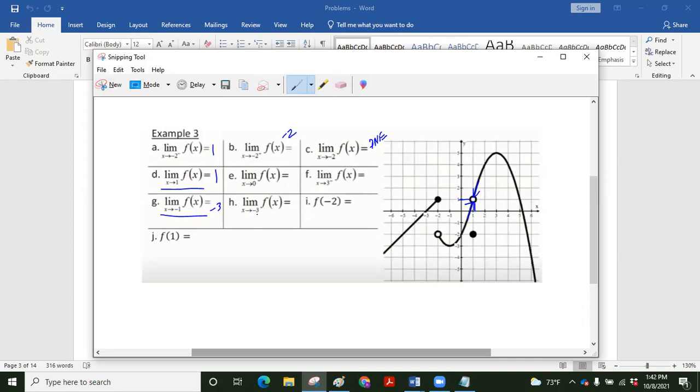What is the limit as x approaches 0? So this is 0, and as we come from the left and as we come from the right, the y value is -2. So we're going to say -2.